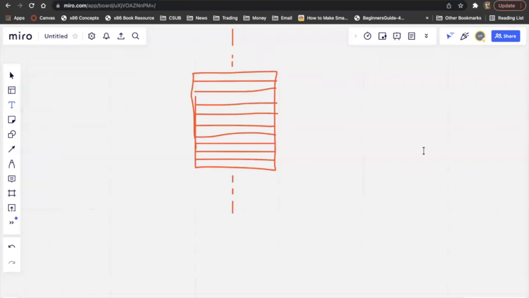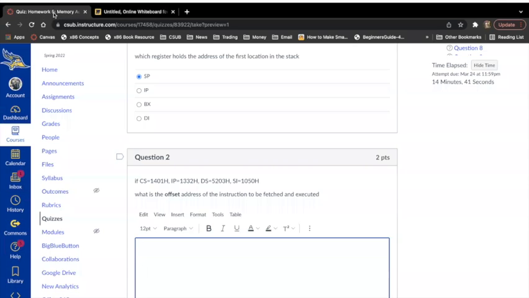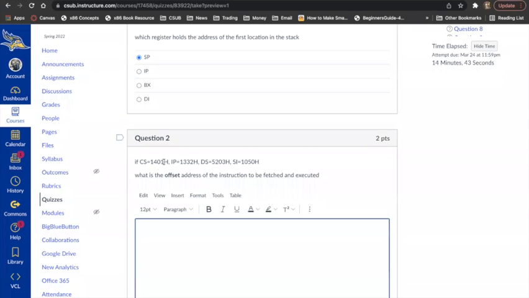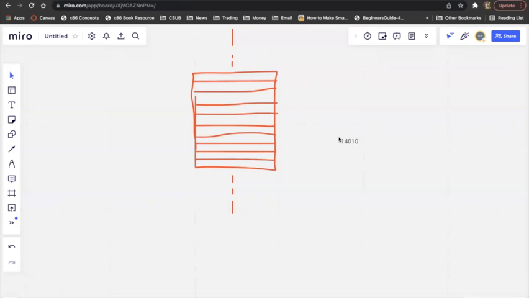So let's write that. And remember, whenever we deal with code segments, we always add a 0 after the last digit. So that's why I added the 0: 14010. So this whole segment has an address of 14010.